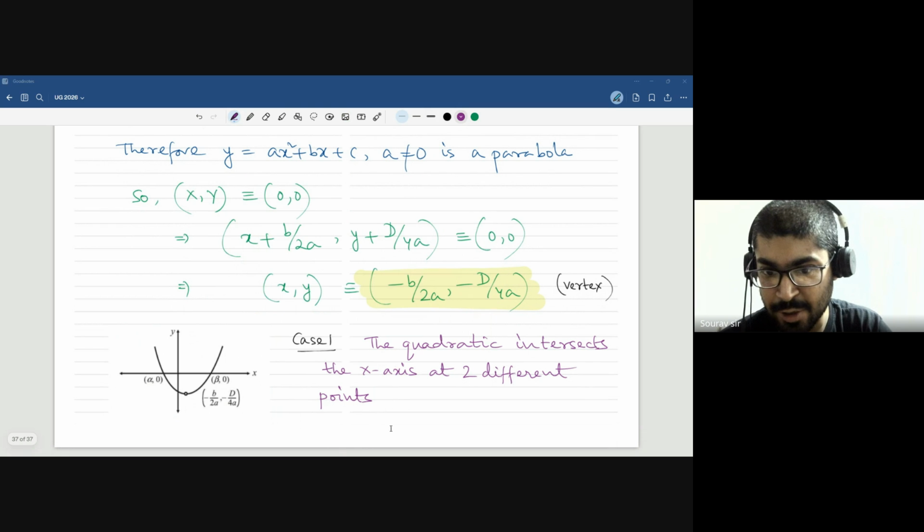So now you can clearly see that the quadratic expression y is less than 0 between alpha and beta.